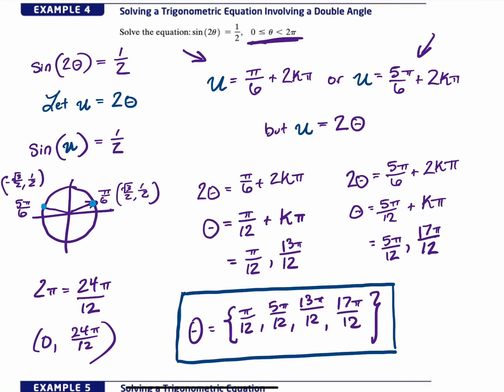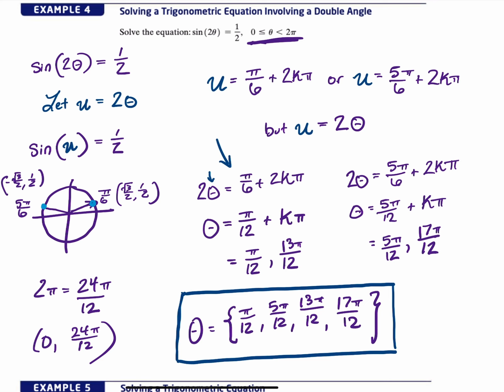So each of those angles, plus every coterminal angle, that's 2k pi. Then I undo the substitution. So I'm remembering u equals 2 theta. So I get the same statement, but replace it with what was originally inside. In this case, it was 2 theta. And then solve this general statement for theta.